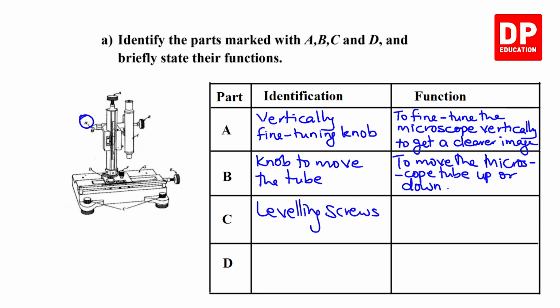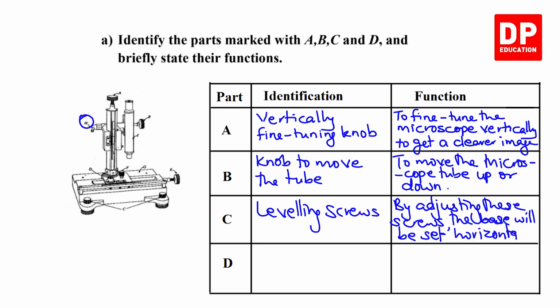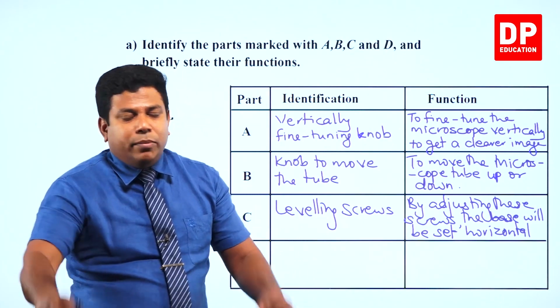By adjusting these screws, the base will be set horizontal. The base will be set horizontal. By adjusting those screws, we can make them horizontal.